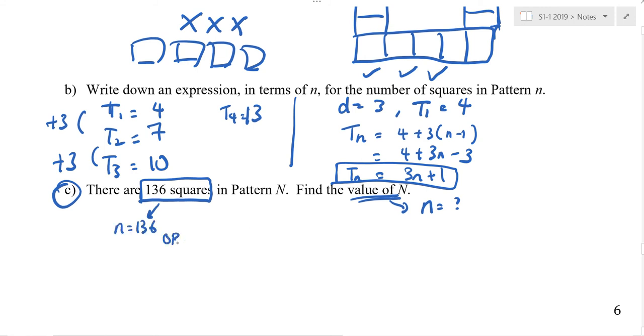Can you show me your finger? How many of you think that n is 136? Show me finger 1. How many of you think that Tn is 136? Show me finger 2. The rest, everyone must show me. 1 or 2?